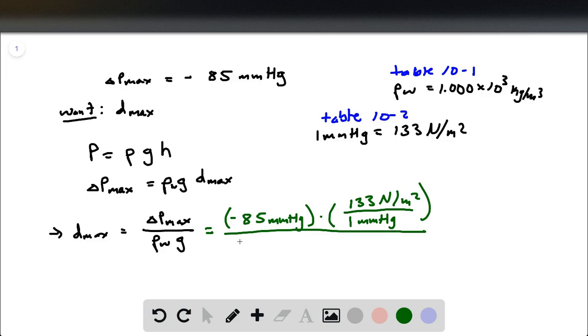And rho for water density, and for g we'll use 9.8 meters per second squared. These are approximations, and you can see that we can cancel out this unit of millimeters of mercury.